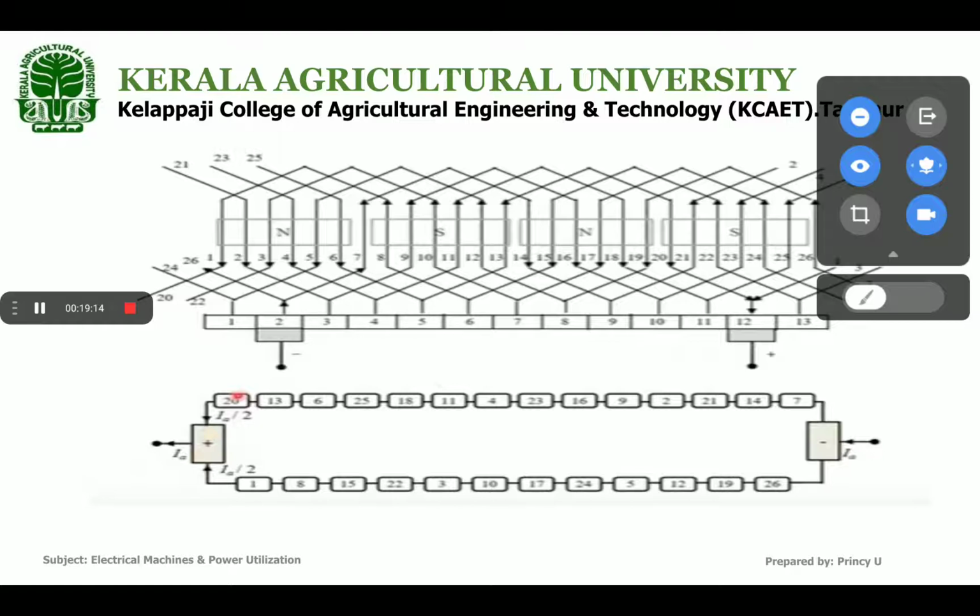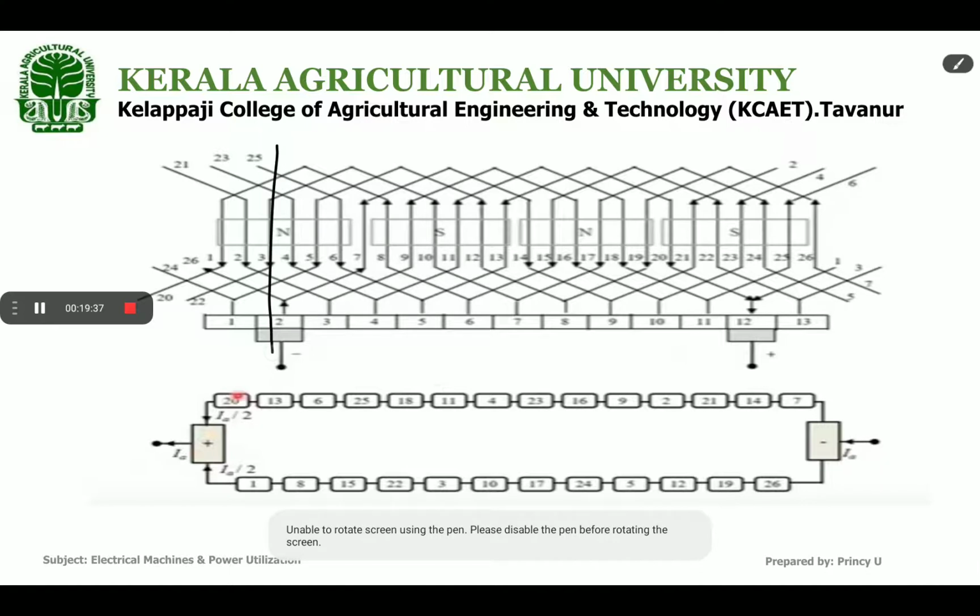So if the total current is IA, then the current flowing through each parallel path is IA by 2. Then just draw a commutator segment and draw 2 brushes at the 2 sides. One brush comes under the polar axis of the north pole, and one brush under the polar axis of the south pole. Okay, and the parallel paths will be like this.